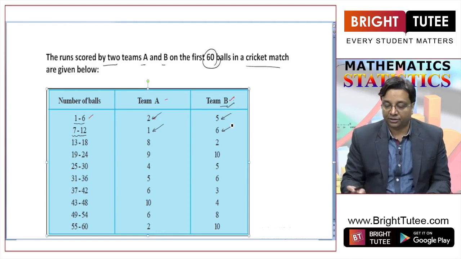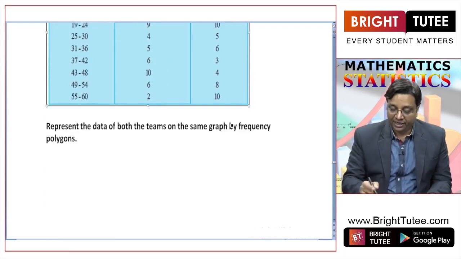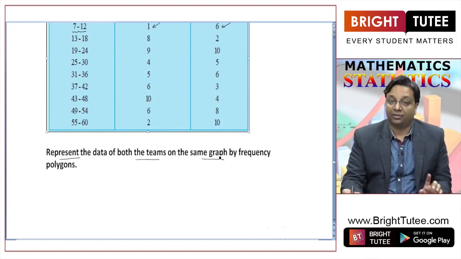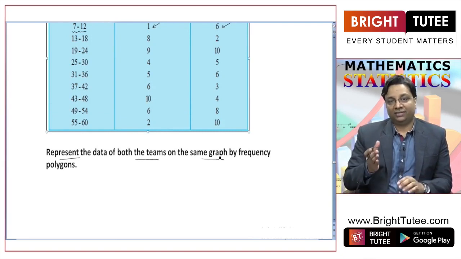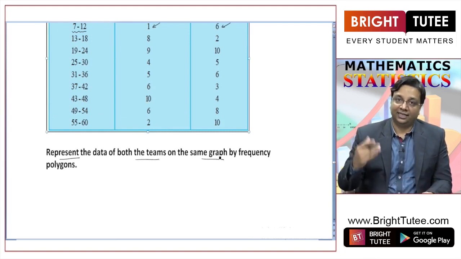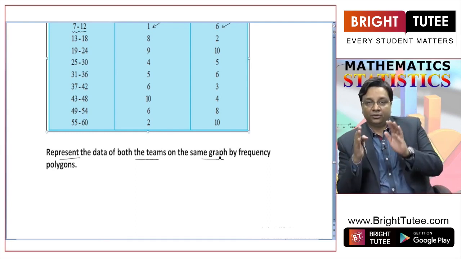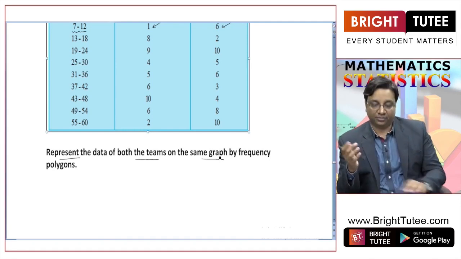So this is the data for these two teams A and B, and now we need to represent the data of both the teams on the same graph by frequency polygons. So we are going to do it on the same graph like the previous question and then compare the scores. It is always good to represent two sets of data on the same graph for the comparison purpose.